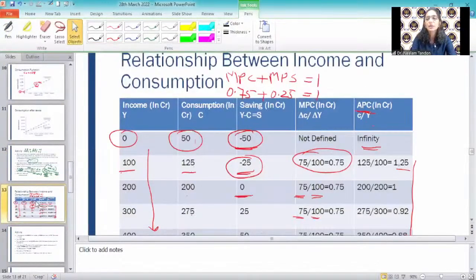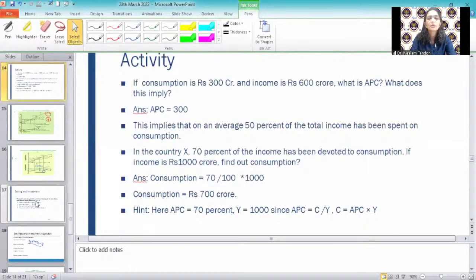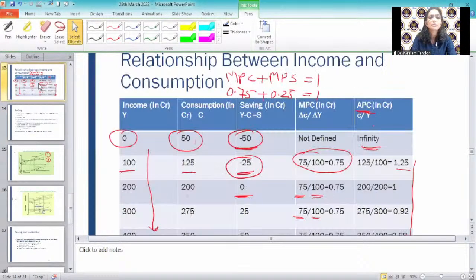The APC concept is this. What are they asking you about? They're asking, if consumption is 300 crore and income is 600 crore, what is APC? How do you calculate APC? We had already done this. APC is consumption by income.